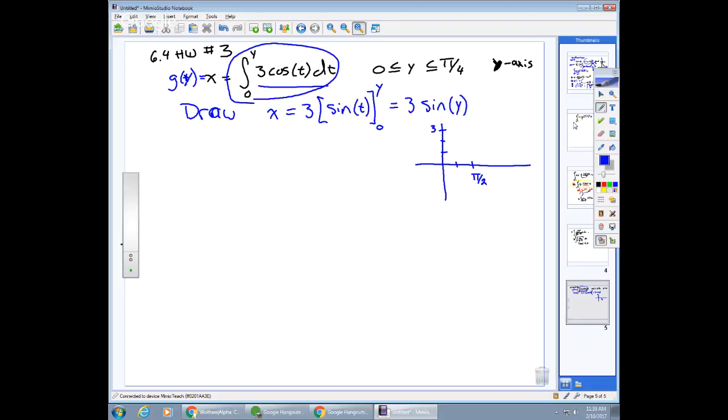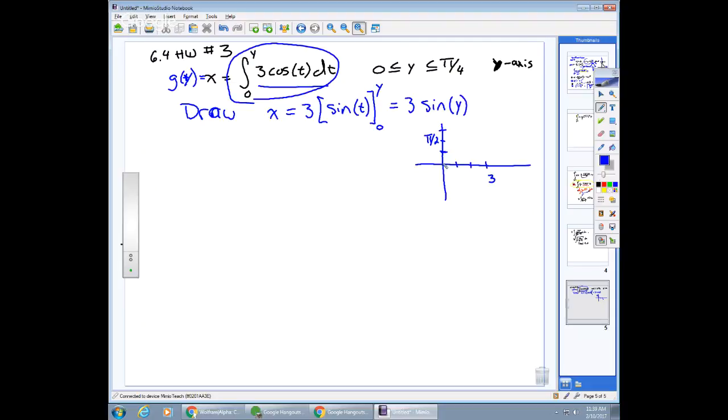This is x equals y. So it's x that needs to go up to 3. And y, pi over 2 would be right here, and this one is pi over 4. So I'm graphing a sideways sine function.